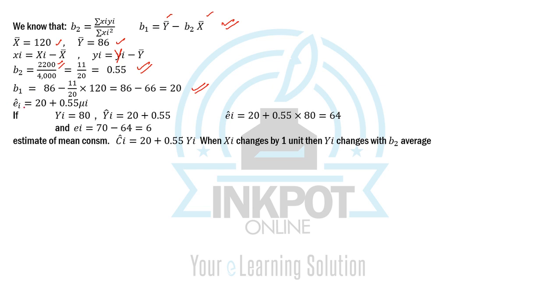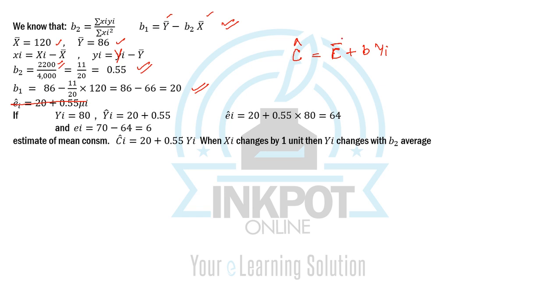Now ei hat will become this, 20, that is b1 plus... I think there is some correction here. This is basically not this thing, there is some typo here. So our estimated consumption function will be c hat equals c bar plus b yi.